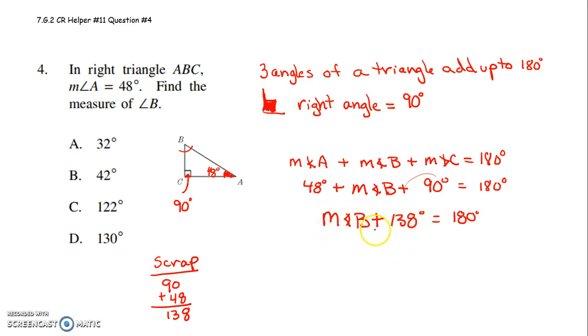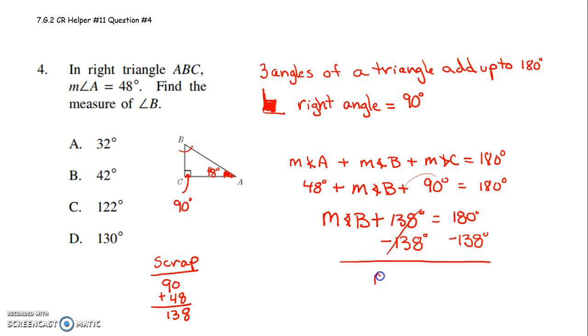If I just subtract 138 from each side of this equation, if you take your total of 180, subtract off the 138, which was the total of angle A and angle C, you're going to come up with angle B. 138 minus 138, bye-bye.